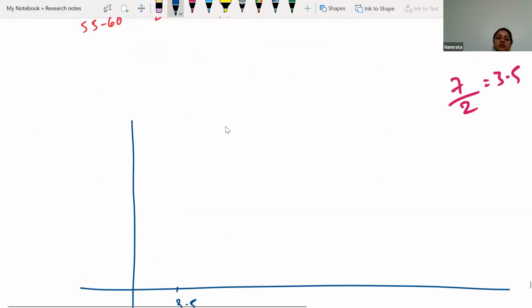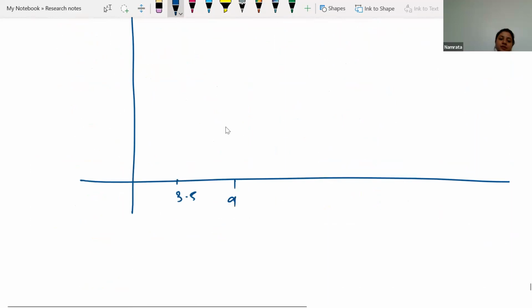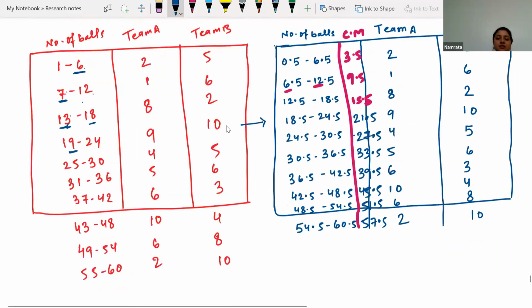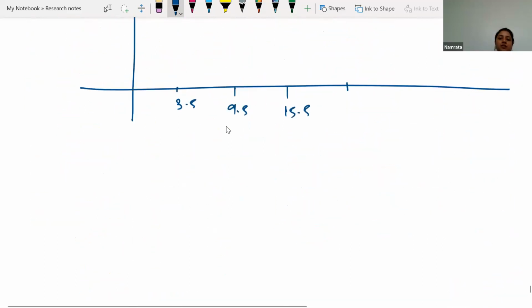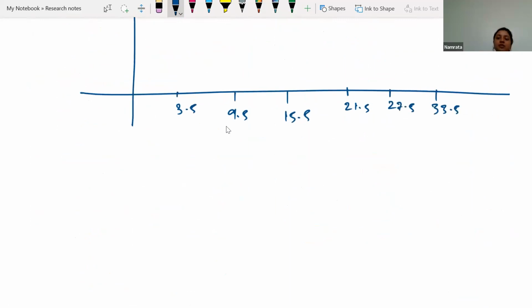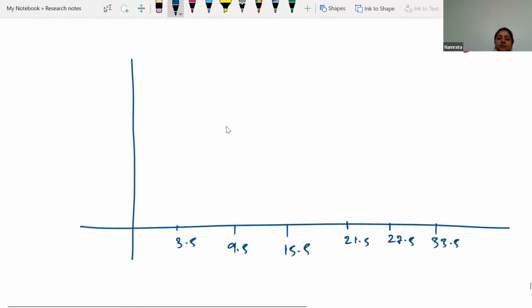The next one is 9.5, 15.5, 21.5, 27.5, 33.5, then 39.5, 45.5.